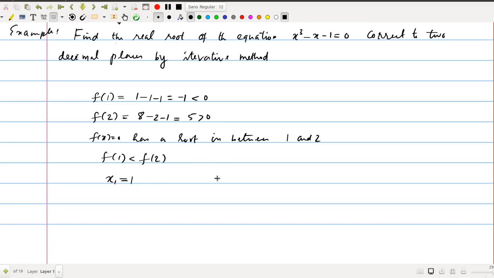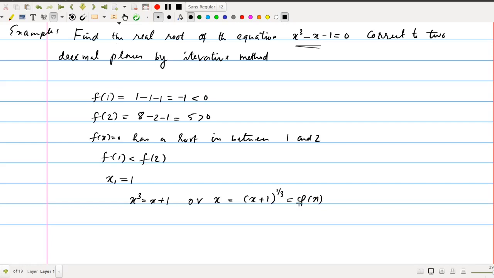Then we rewrite this equation as x cube is equal to x plus 1, or you can write x equal to x plus 1 whole to the power 1 by 3. This is denoted by phi of x.